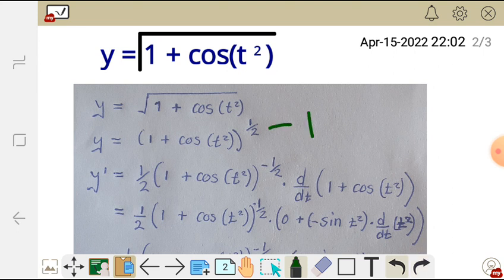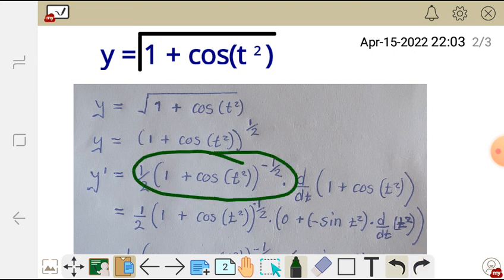Then you multiply that by the derivative of what is inside. So we have 1 over 2, and subtracting 1 from the half gives negative half. You write the function the way it is, and multiply the whole lot by the derivative of what is inside.